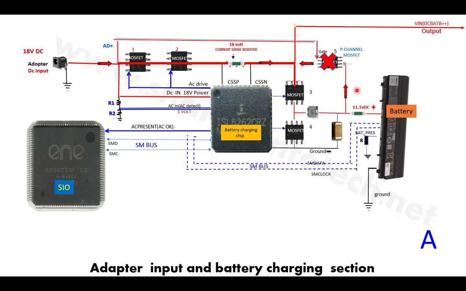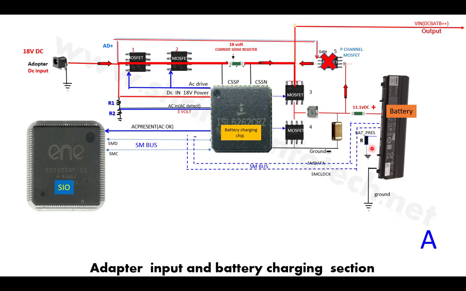So here is a battery, and this is the positive terminal connected to this buck converter. This is the battery charging section, and these are the two wire communications called SM bus, communicating between the SIO, the battery charging chip and the battery, and the system detect or battery present pin is connected to the ground.